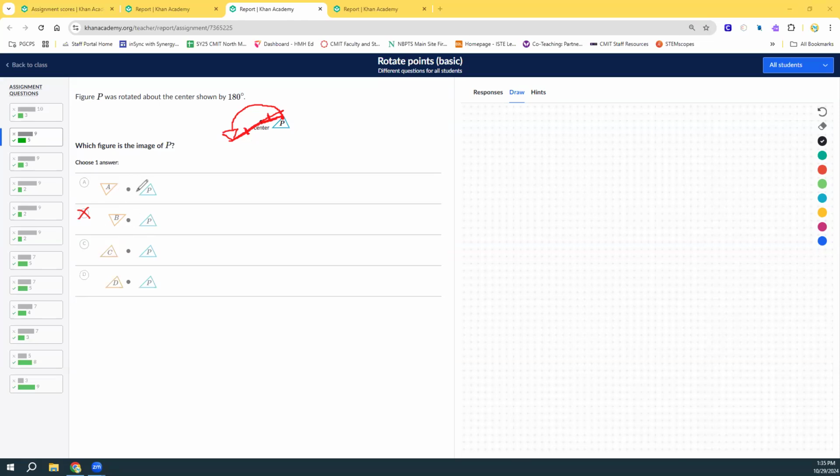This one looks good. They're the same distance away. So I like A so far. C does not work because they're facing the same direction. And the rotation of 180 is going to be upside down because it's turning, going upside down. And D is just terrible. So now by process of elimination and inspection, you can see A has to be the right answer.